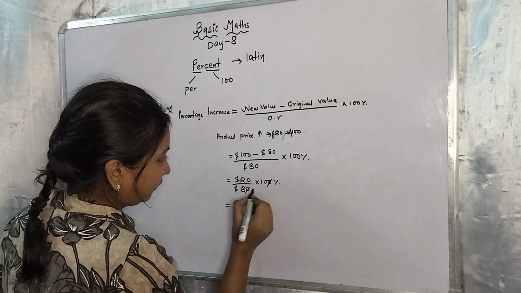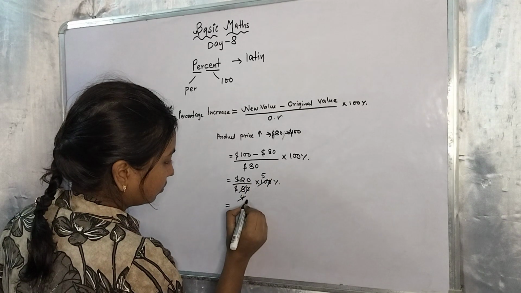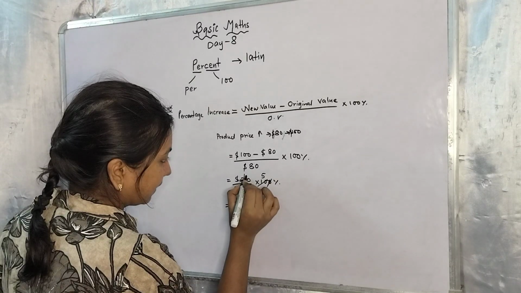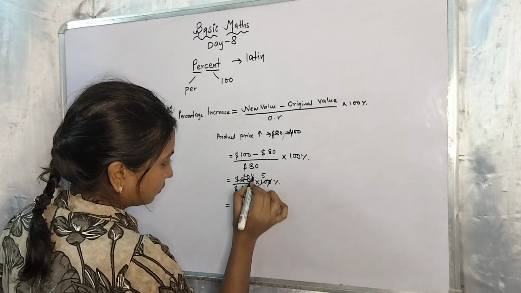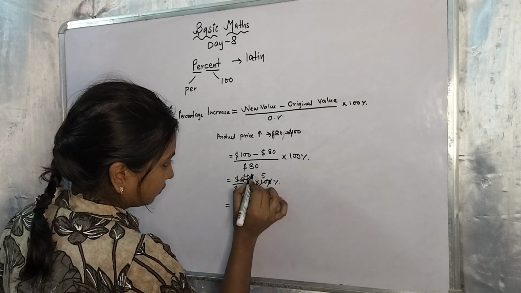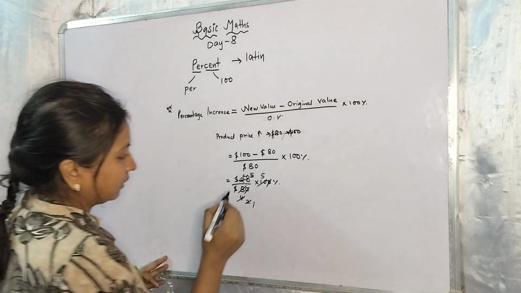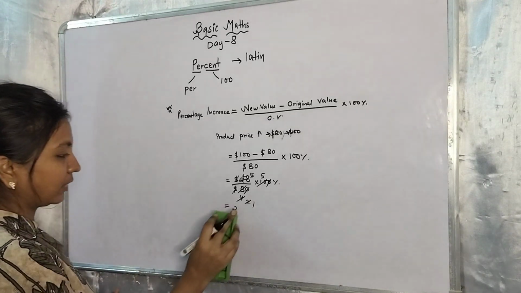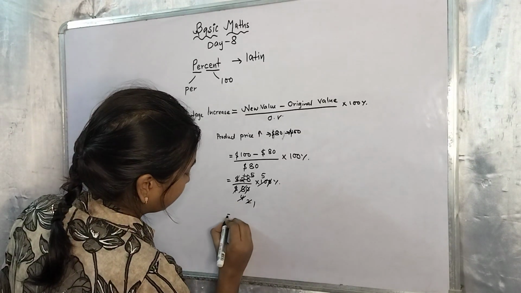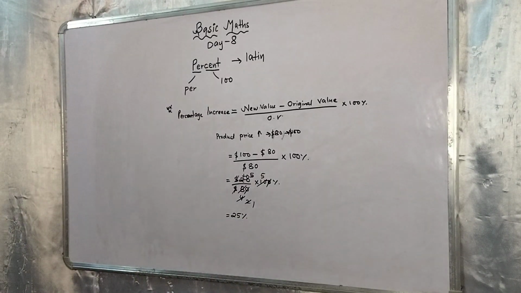Now 2 4s are 8, 2 5s are 10... so 5 into 5 is 25. So the rate of increase is 25%. So the price increased by 25%.